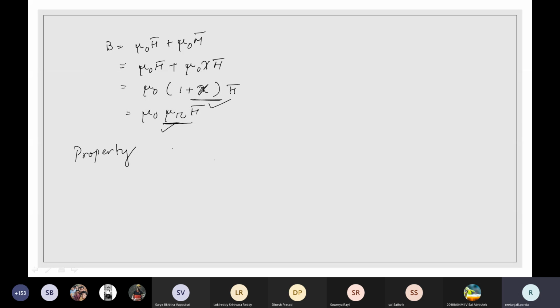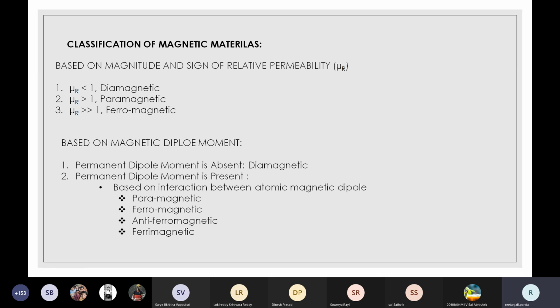As they depend on these two values, we can classify the material using the following considerations. The first one is permeability. Okay.